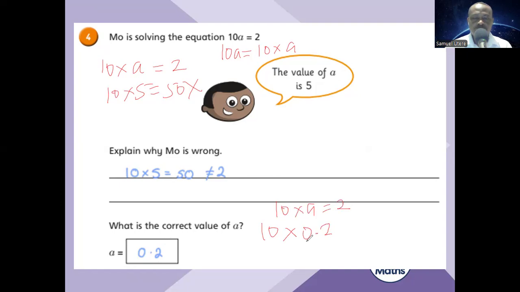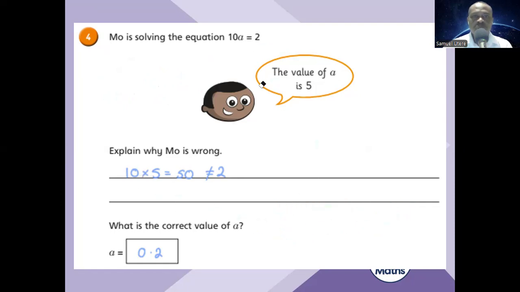Then you can see 10 times 0.2 is equal to 2. So this is right. So that is one way of checking that you have solved your equation properly. You can take your answer, put it back into the equation, and see whether it is equal to the value that they say the equation is equal to.